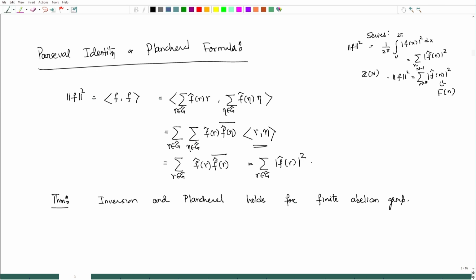Okay, so successfully we could derive the basic facts about Fourier analysis in the setting of a finite abelian group. So, it is a natural question that one would like to ask at this stage: what are the other settings in which we can extend this theory of Fourier series?